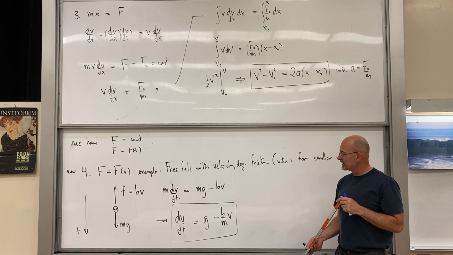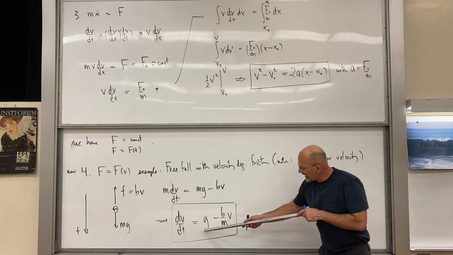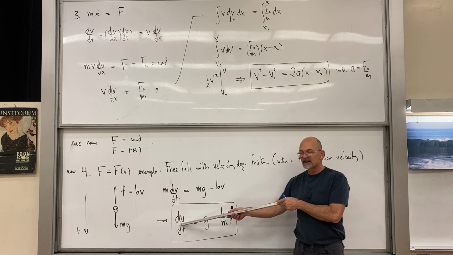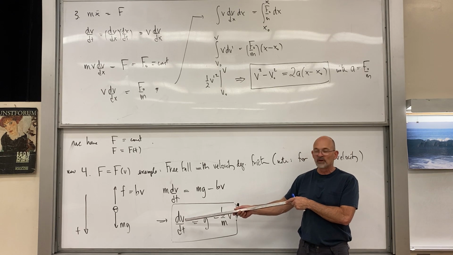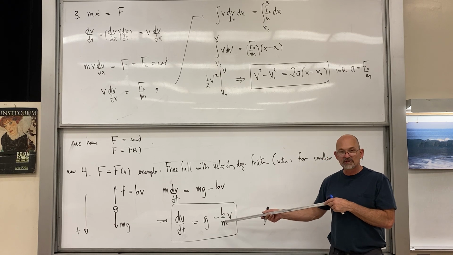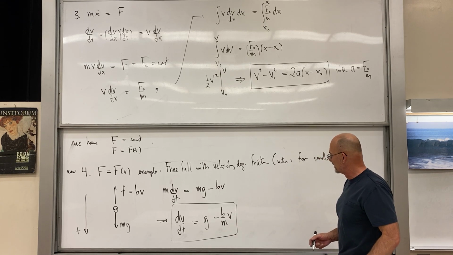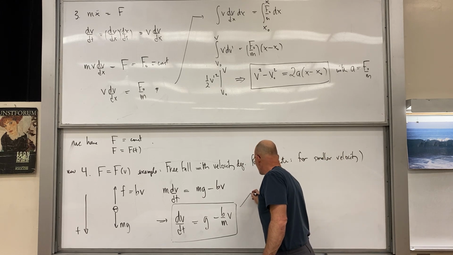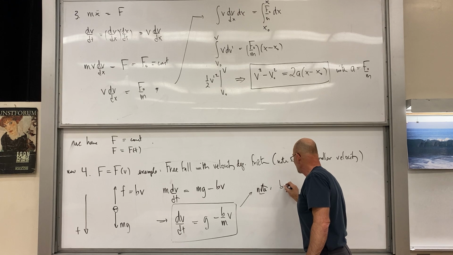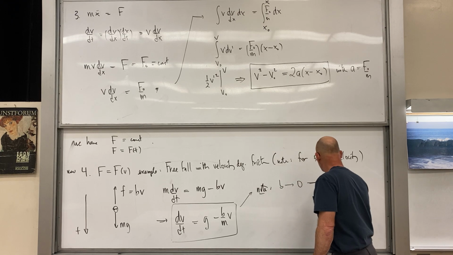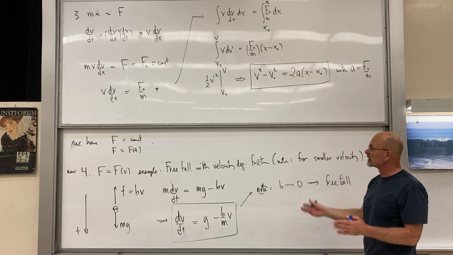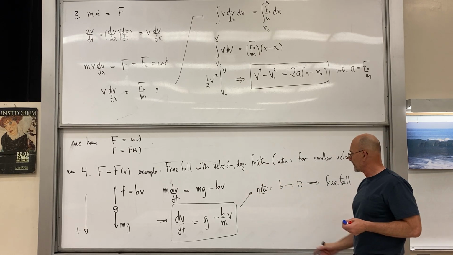On the other hand, if the entire right side of the equation turns into 0, then we would have constant velocity. So that would give us the terminal speed. So we can actually say things about this equation without actually even solving it. So let me go ahead and put these as some notes. If b goes to 0, then it's just free fall, which is constant acceleration, which is constant force that we already had on the board.